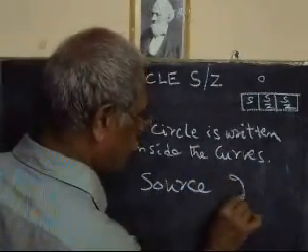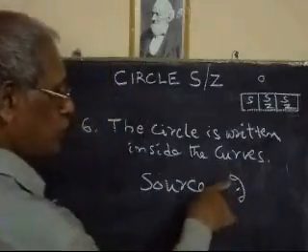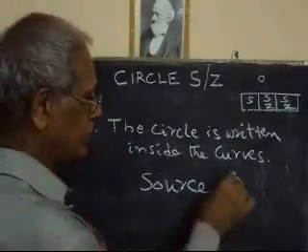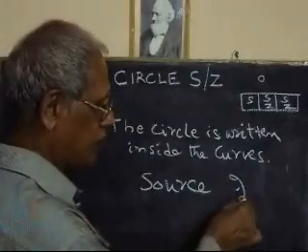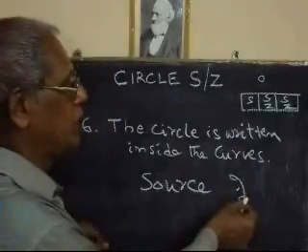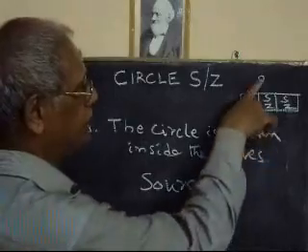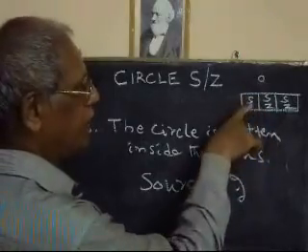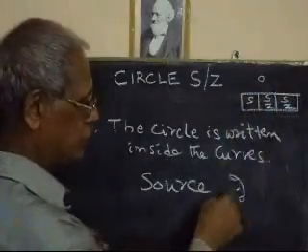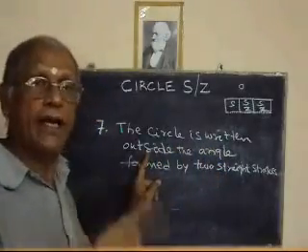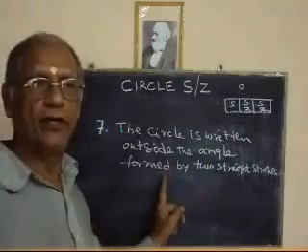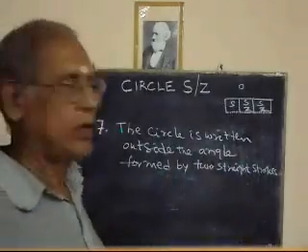Source. S initially, O, R, S finally. So the small circle represents S initially and finally in source. The circle is written outside the angle formed by two straight strokes.